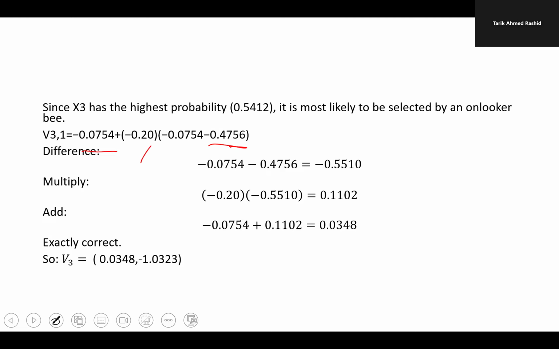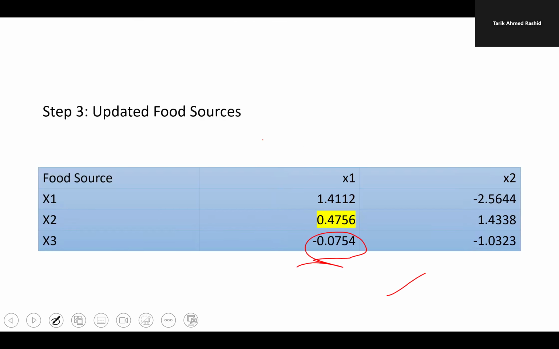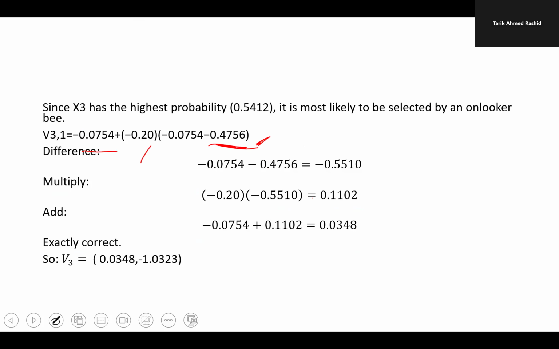We take the food source second, K2. That is, we get 0.47. I just want to show you this one. K is 2 now, to update that one.